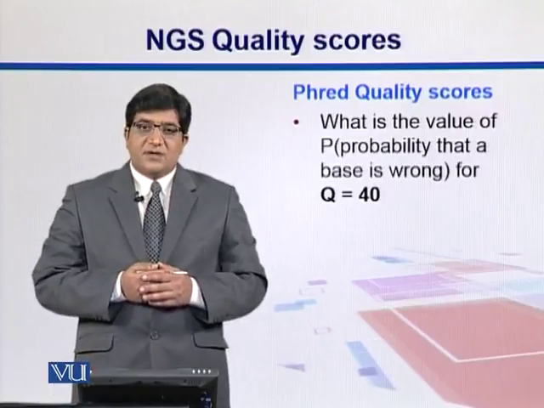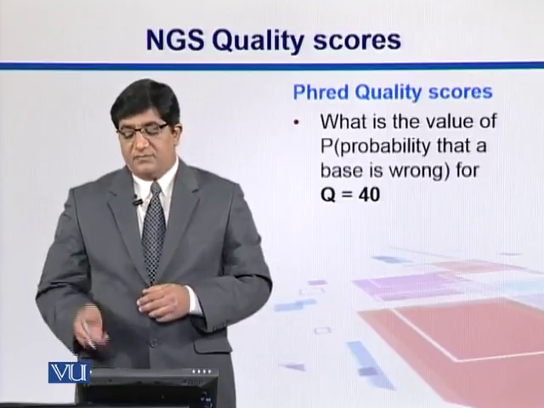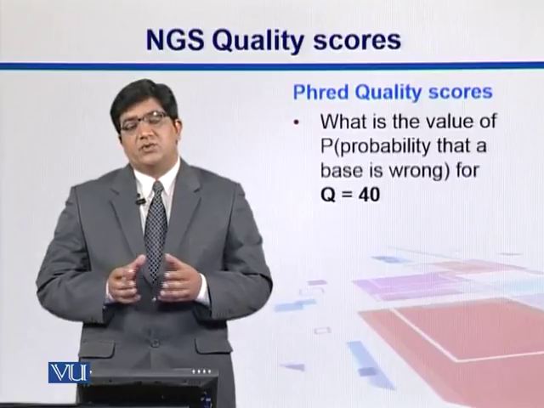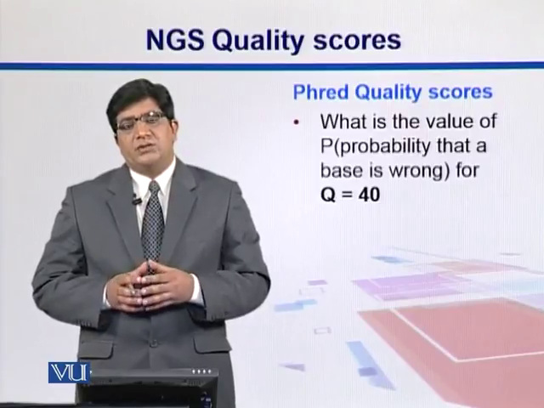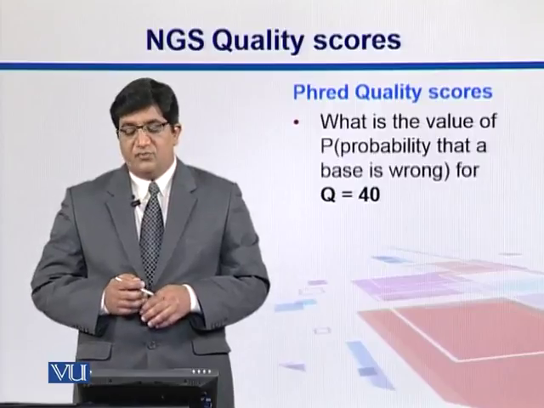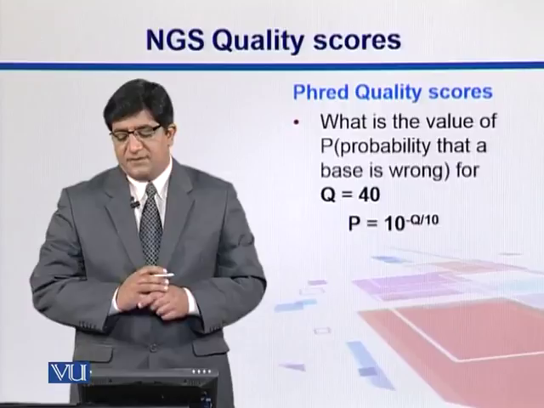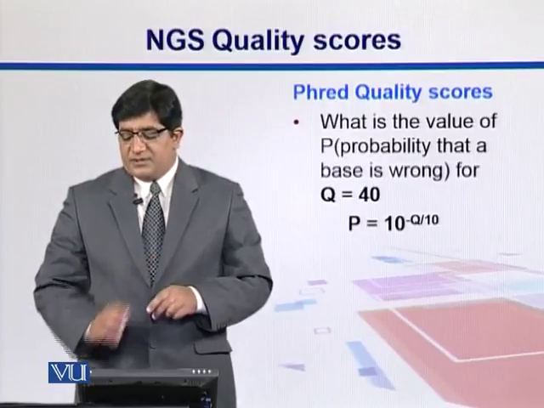Okay, so let's do a small exercise. We have a Q that is equal to 40. We are looking into what a Q score of 40 means. What is the error probability? A high score is correlated with low error. So if we look into the equation, P is equal to 10 raised to the power minus Q by 10.